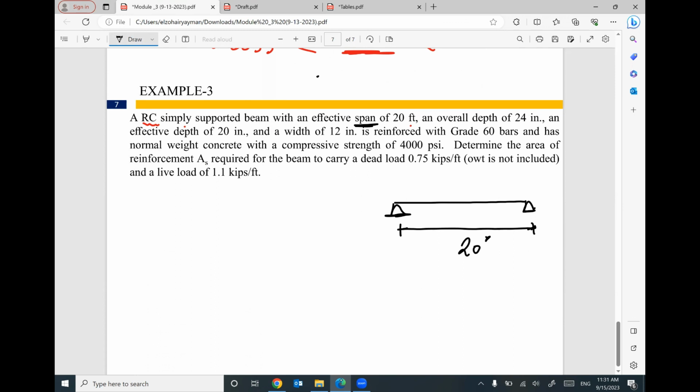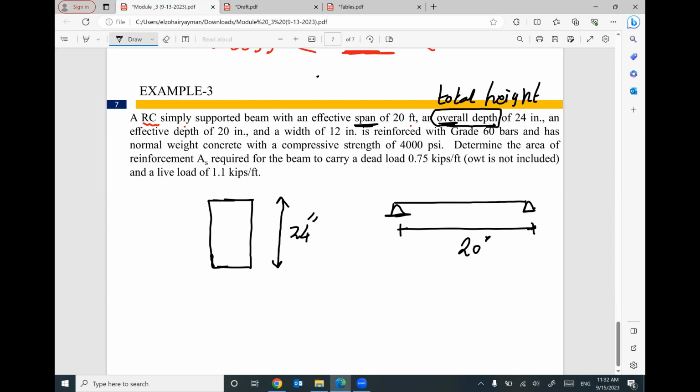And we are given the cross section of this beam with overall depth 24. This is the total height. Overall means the total height equals 24 inch.